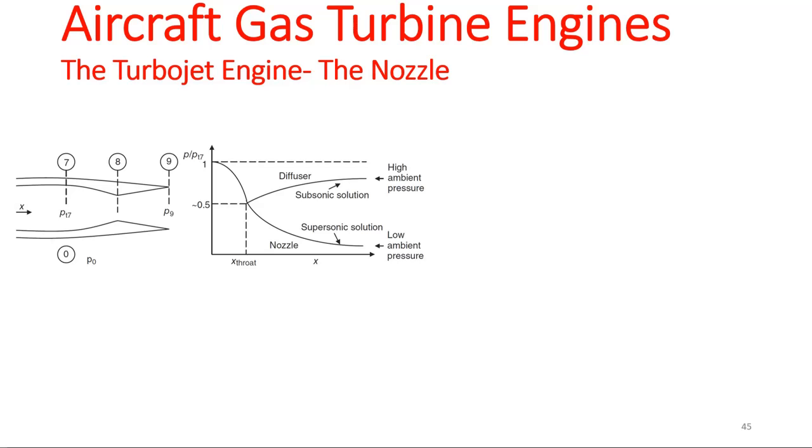So let me rephrase the question. One of the rules told us that if your pressure ratio is larger than 2, then we will have choking. And I'm telling you that your pressure ratio is larger than 2. So I'm telling you that we will have choking at station 8, which is your throat.